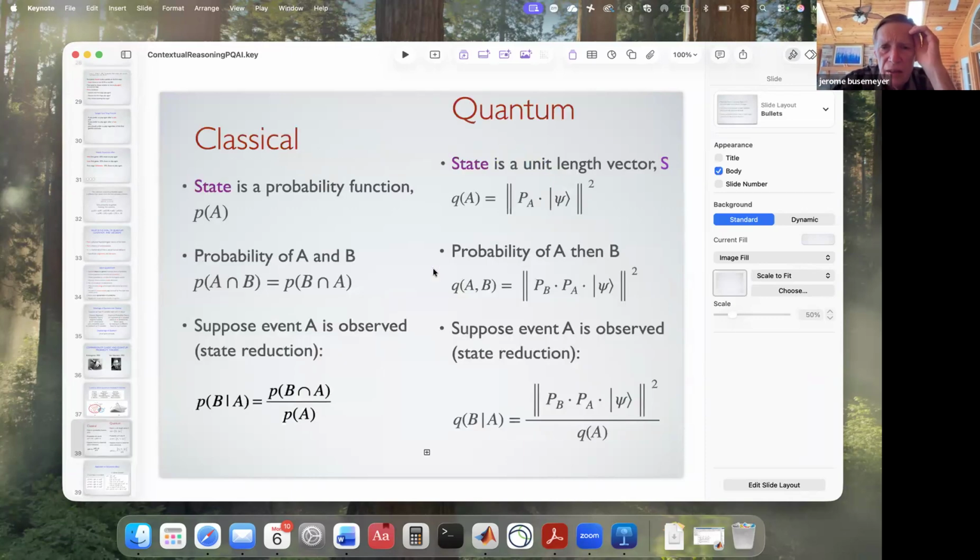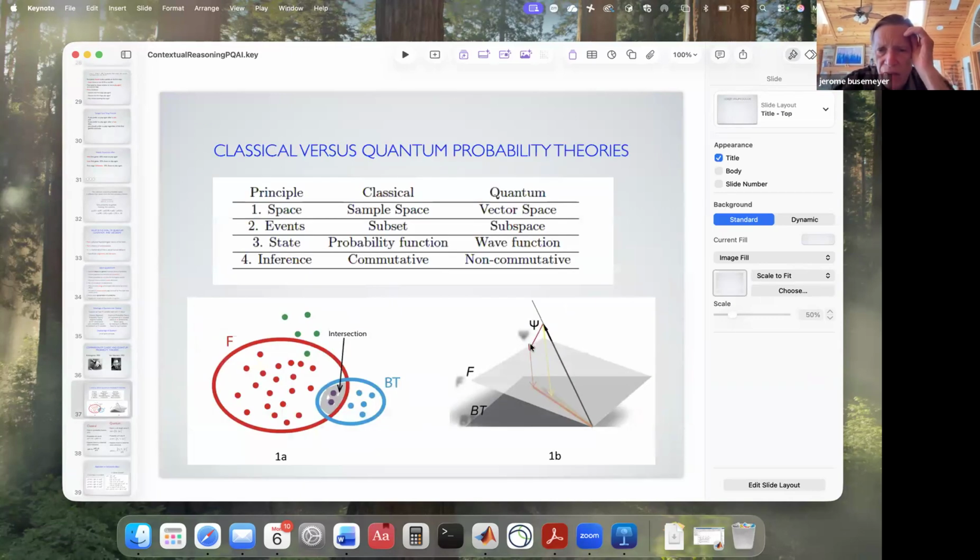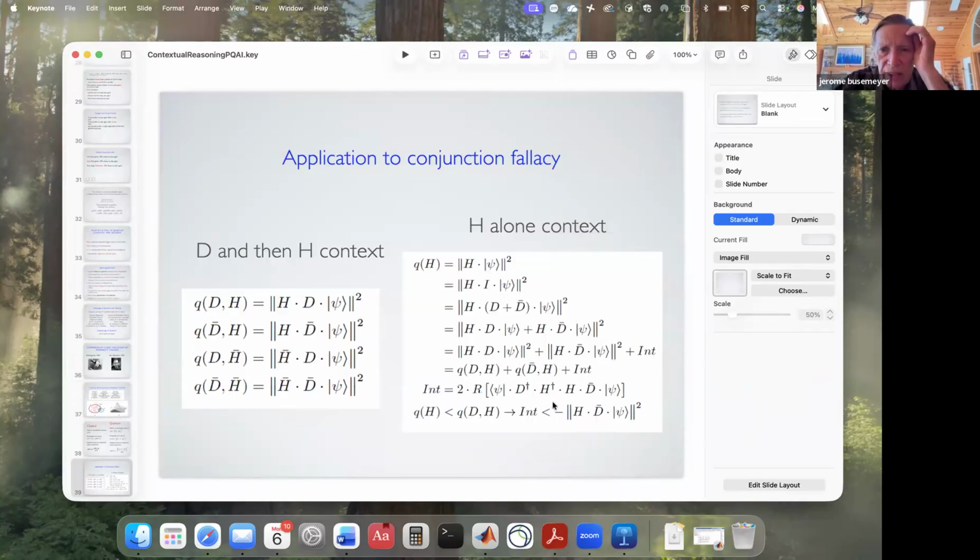Well, I showed you in this example how feminist and bank teller might be higher than bank teller. But let's just see it algebraically. So we don't depend on that simple toy model, but we have a general algebraic argument to explain these kinds of things. Here's the dyspnea and then hemiparesis. We first evaluate dyspnea and then hemiparesis.